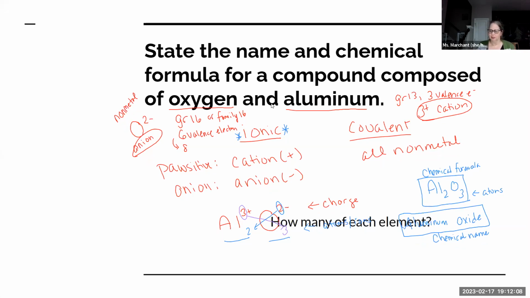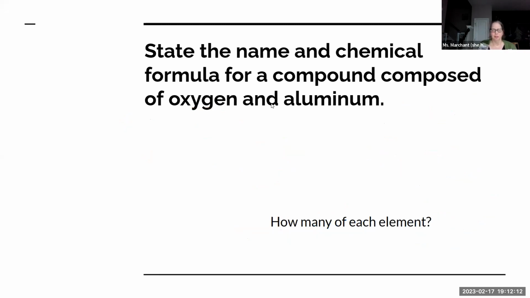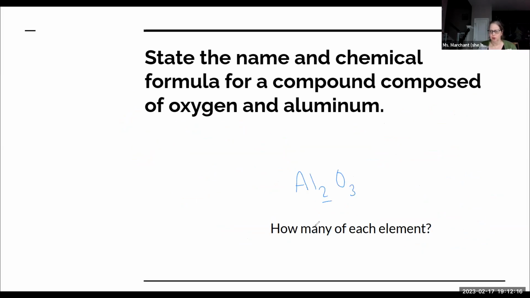Oh, and how many of each element? Let me clear that off so we can just see that chemical formula. Al2O3, we have 2 aluminums and 3 oxygens. The number is on the right side of it. So you never see a chemical formula that's 1 aluminum. There's not anything in there.